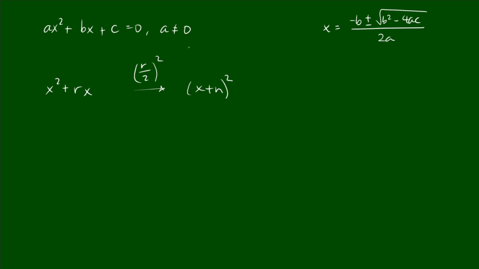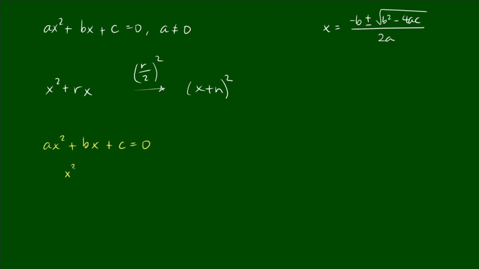You're going to subtract it on both sides, all right? And you're going to divide by a, which is the non-zero number, all right? So here we go. Let me use another color so that we can tell that this is the part where we're completing the square, okay? You're going to subtract c on both sides, then you divide by a.